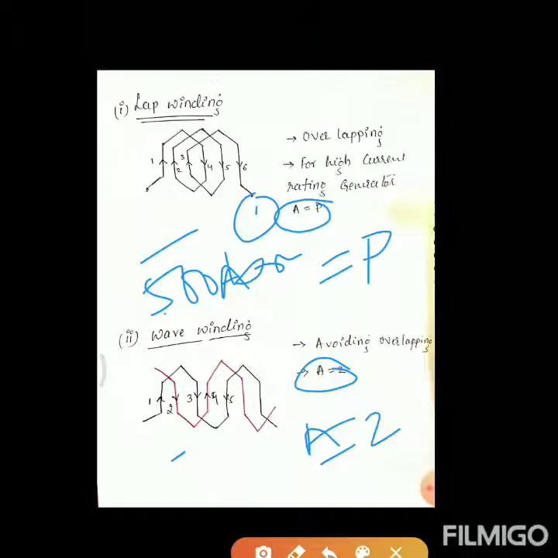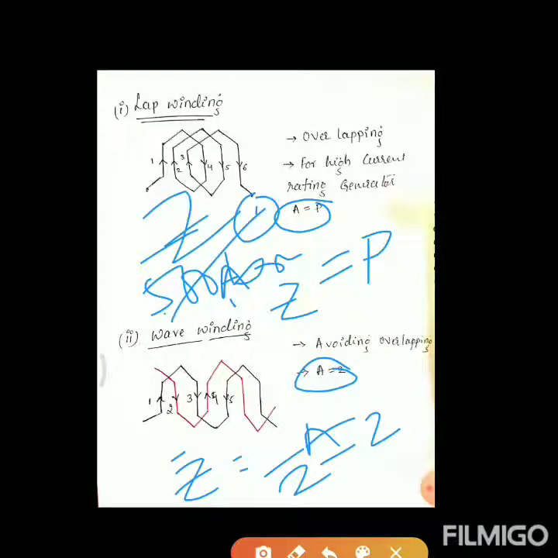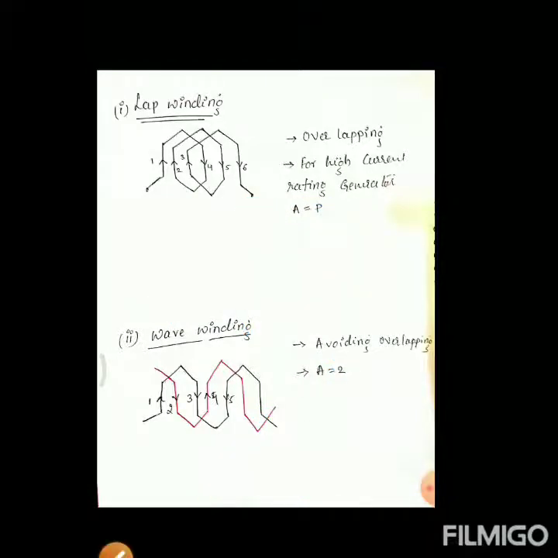Here the number of conductors per path will be Z divided by P, the total conductors divided by the number of poles, and here Z divided by 2 in wave winding. I hope you have got these two.